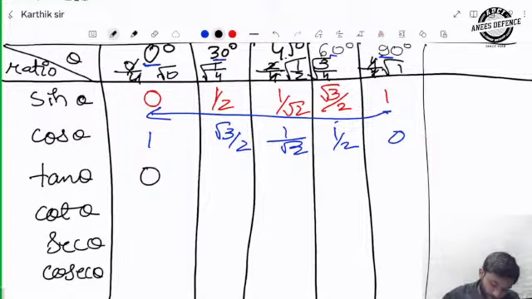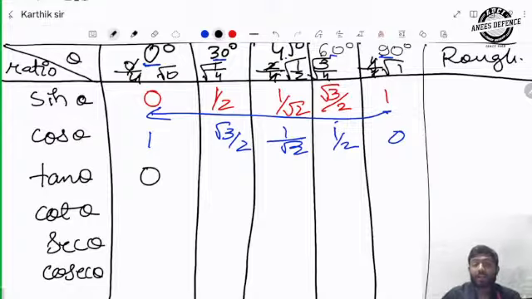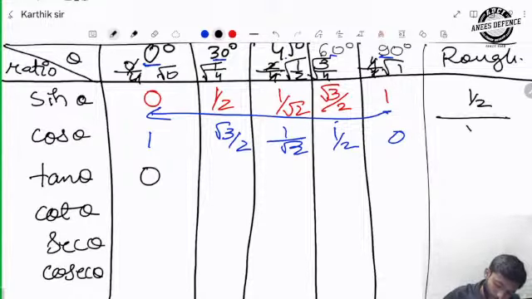You know that. Now here it is rough work, ignore this place for a while. So here tan 30 degree is equal to sin 30 degree upon cos 30 degree. So it will be 1 by 2 upon root 3 by 2.